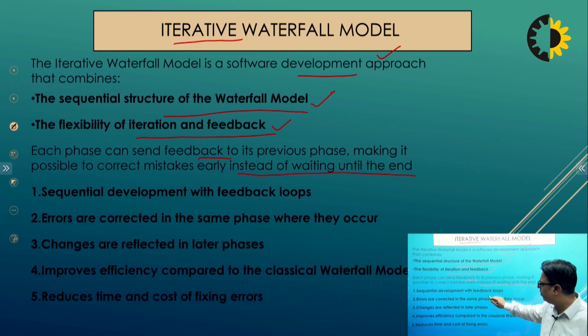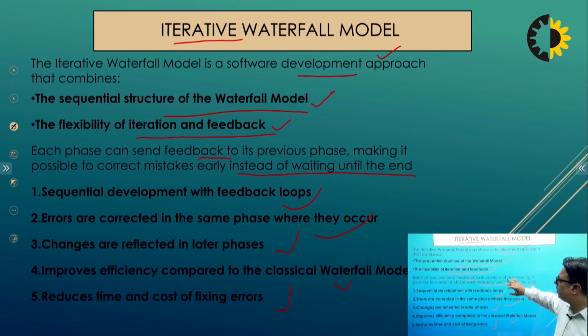First, sequential development with feedback loops available. Errors are corrected in the same phase where they occur. Changes are reflected in the later phases. It improves efficiency compared to the classical waterfall model and reduces time and cost for fixing errors.